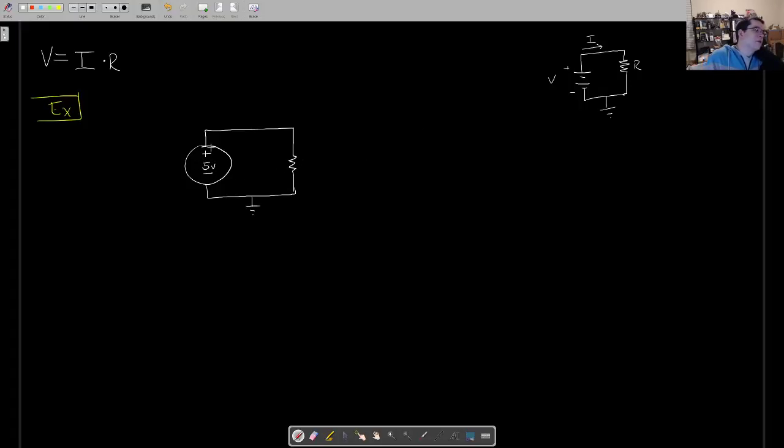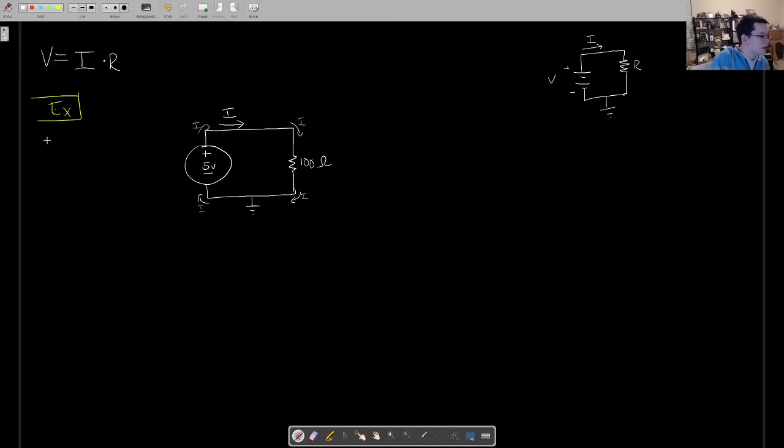So let's suppose it's a 5-volt power supply and a 100 ohm resistor. Then we have current flowing through the circuit. And if it's I current up here, it's also I current through here and through here and through here, because it's all one loop. I is the same no matter where we are in the circuit in a simple loop like this.